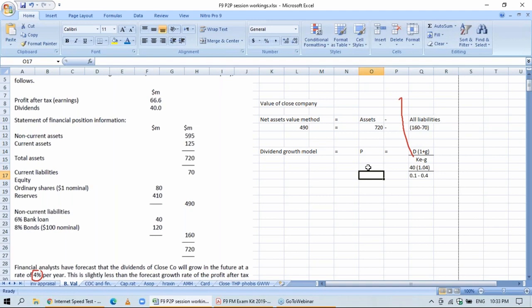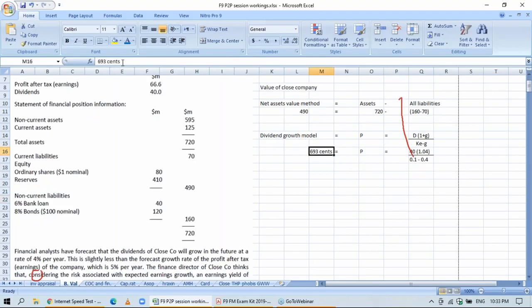In the questions we were doing earlier, cost of equity was to be found. So the market value now becomes 693 million. This is using the dividend growth model. 40 million was the dividend paid by the whole company, 4% was the growth rate, and the cost of equity is 10%, which is given in the question.